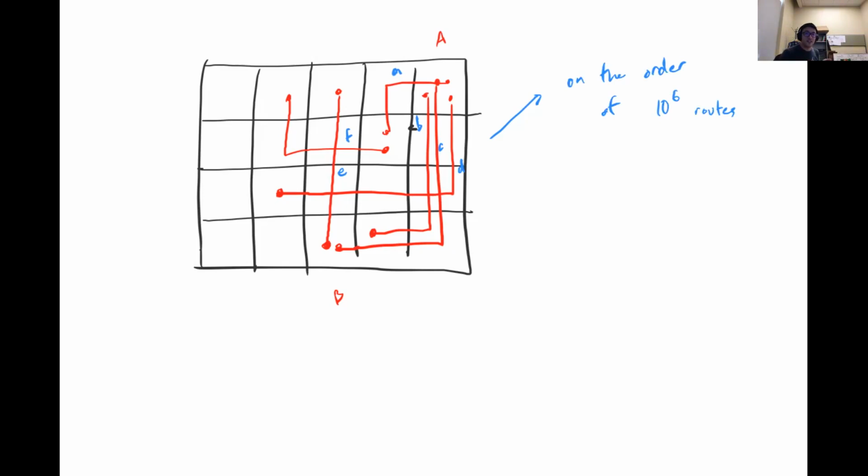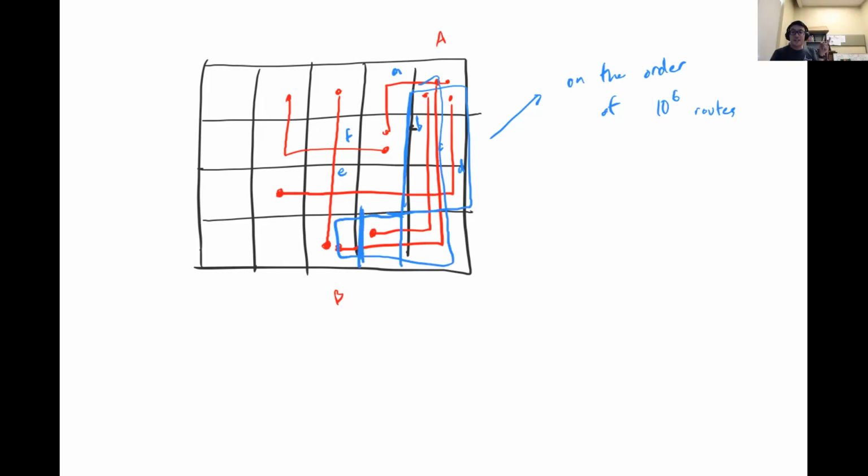But one of the things that you'll notice is that routes B, C, and D all overlap with one another a lot. And in fact, B and C overlap with one another even more, right? Or it should be drawn up to here.